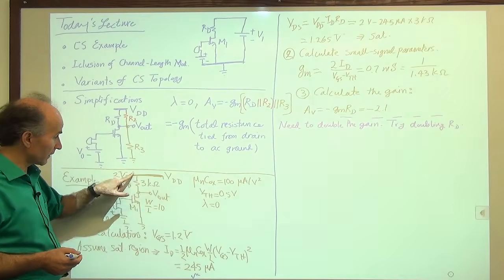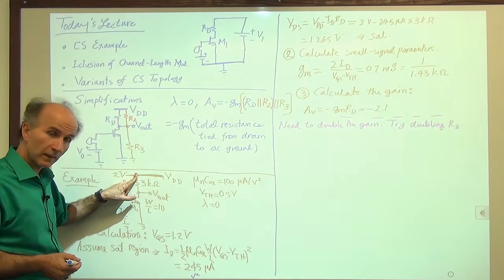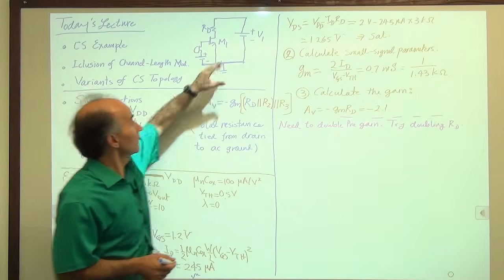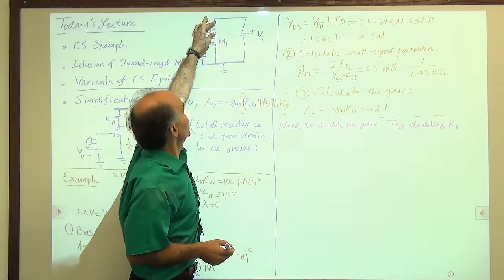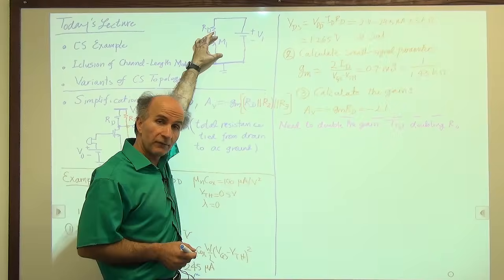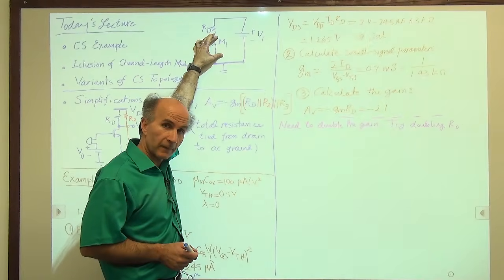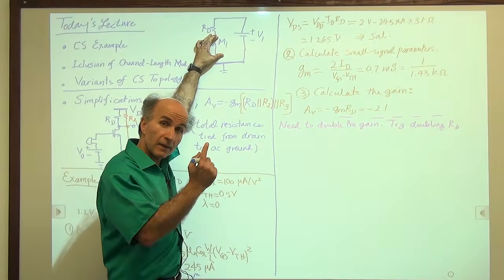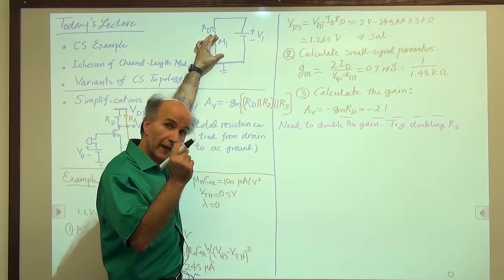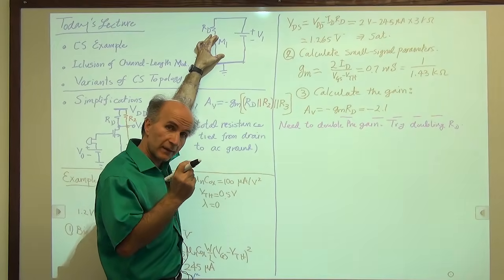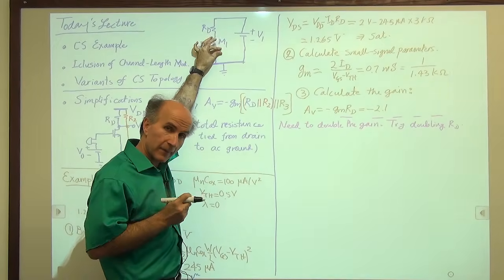If the DC voltage across this resistor doubles and the battery is fixed, we end up with less VDS for M1. So as RD increases, and we assume that the current of M1 is constant, this voltage collapses.